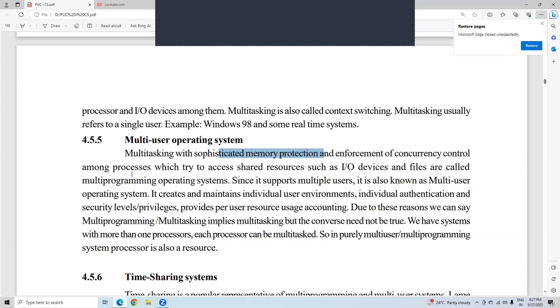Sometimes they attach multiple engines. Like that, based on the number of processing tasks, some systems can have more than one processor, and each processor can be multitasked. So in a purely multi-user or multi-programming system, the processor is also a resource.